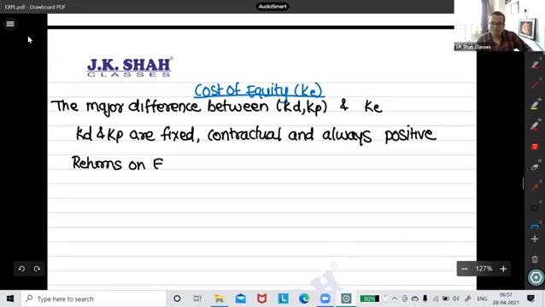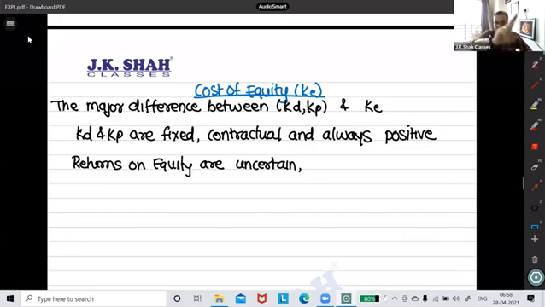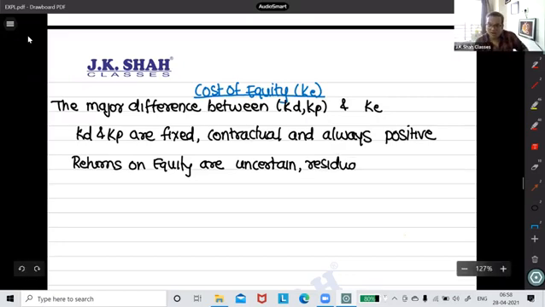Returns on equity are uncertain. I'm giving the words. There we write fixed, here we write uncertain. There we write contractual, here we will write residual. Residual, you understand? Residue means leftover.